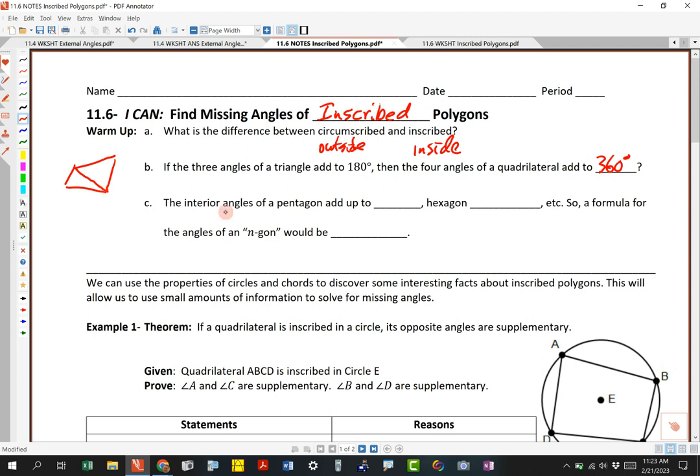So the interior angles of a pentagon, so that's going to be 5 sides. Well, mathematicians are pretty good at saying, hey, this worked before, let's try it again. Didn't we just draw any random old quadrilateral? So draw a pentagon.